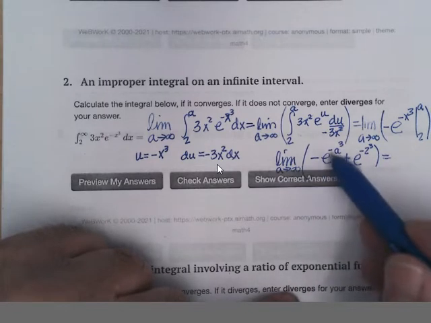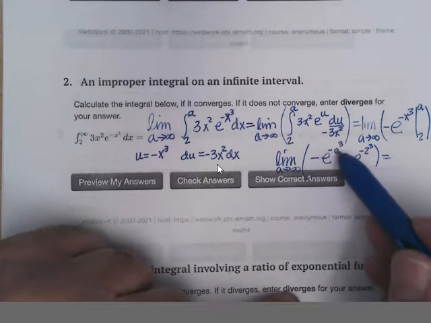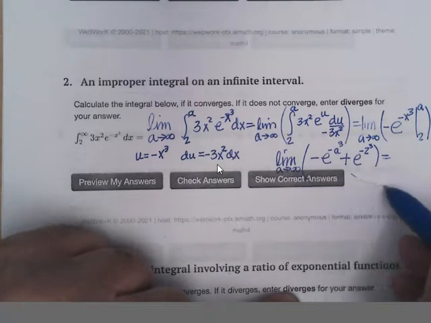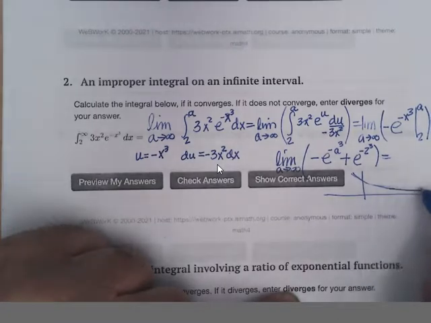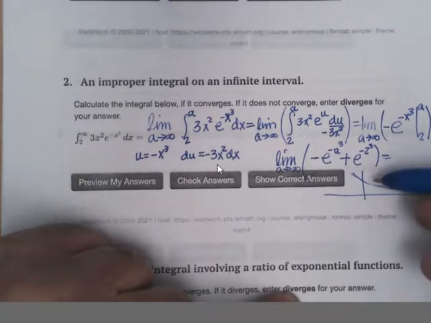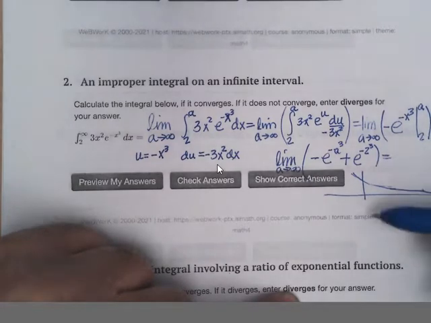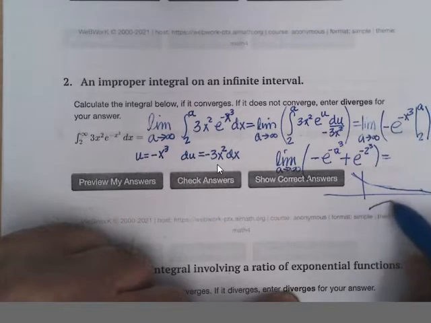Well, it's e to the negative a, so that's an exponential that's going this way. Graphs like this. And if we let a get really large, this gets closer and closer. Oh, it's negative, so it's flipped over the x-axis, so it's going like this.